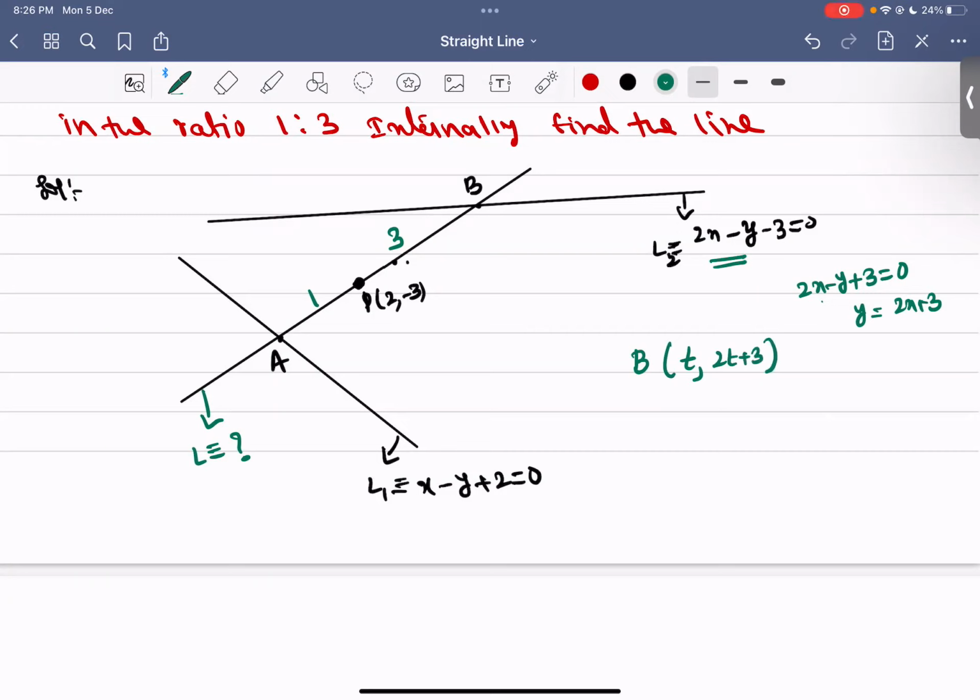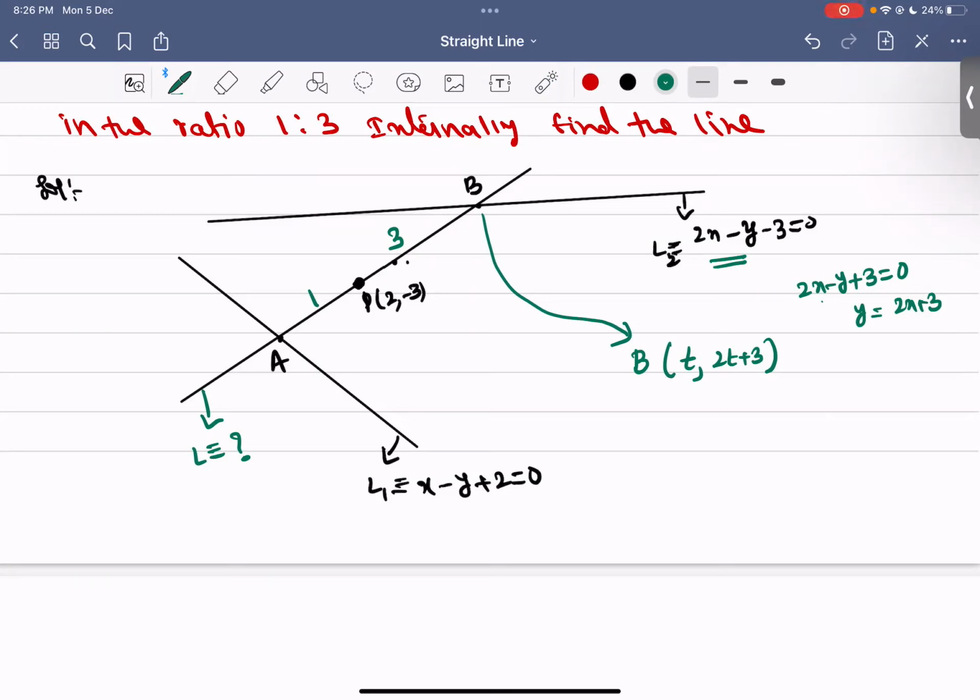So this is the point. If you substitute this point in this equation, it becomes 0. Otherwise, x equals t I have taken, and the corresponding y is 2x + 3, that is 2t + 3. So I have taken the point on this line in a single parameter, that is the algebraic parameter t: (t, 2t + 3).